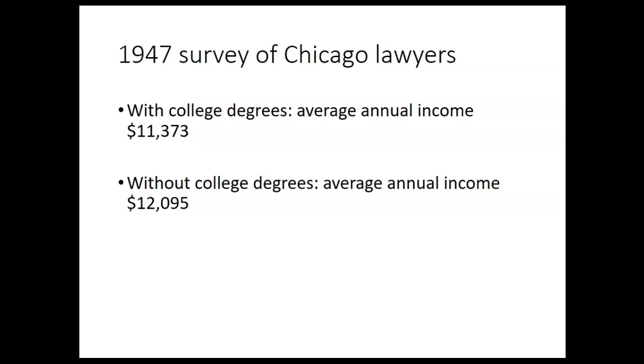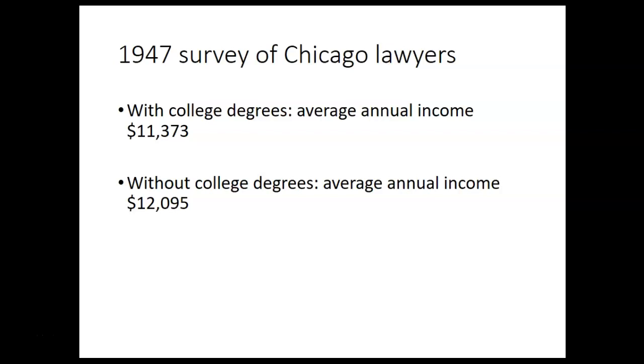I said that in those days you could be a lawyer without a college degree, but it was becoming less common. So the lawyers who didn't have college degrees tended to be the older lawyers who had been in practice for a long time. So they had gotten a lot of experience, they had built up a big client base, and that's why they were earning more money.